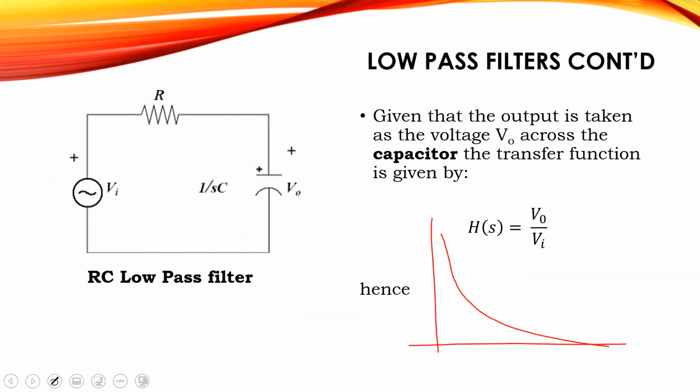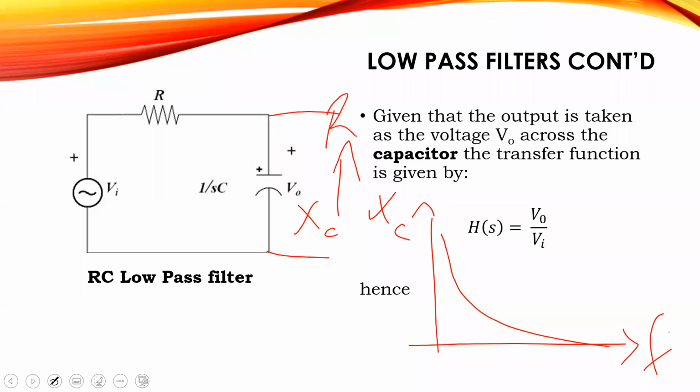So we'd have that as our XC versus F. At the lower frequencies, we would be seeing more of the output across C because, of course, XC will be much larger than R. So with a series circuit, thinking of it as simple voltage division, you see more of the voltage across the capacitor rather than the resistor.